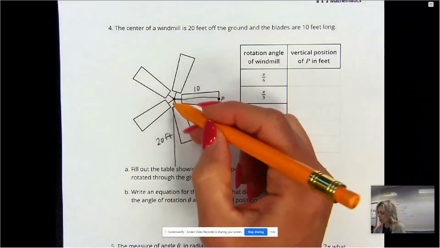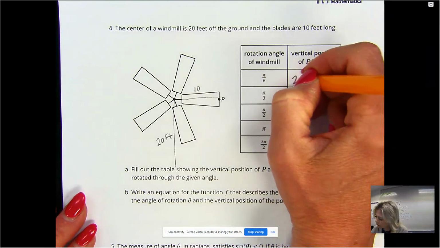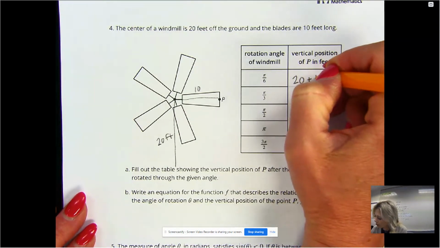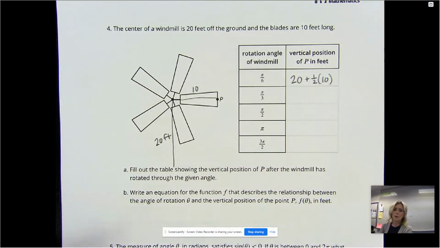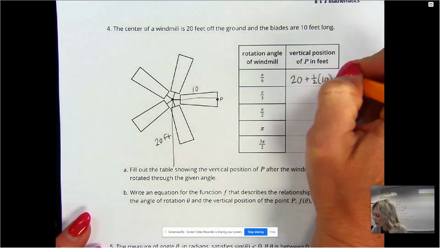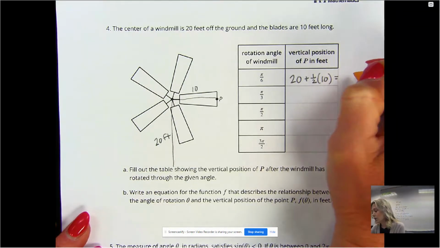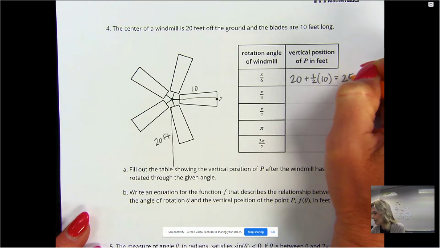So we've got the 20 feet here, and then 1/2 of 10, because the blades are 10 feet long. And so that's a total vertical position of 25 feet.